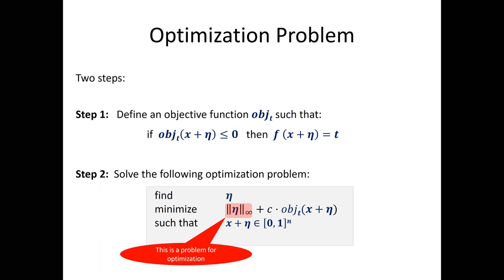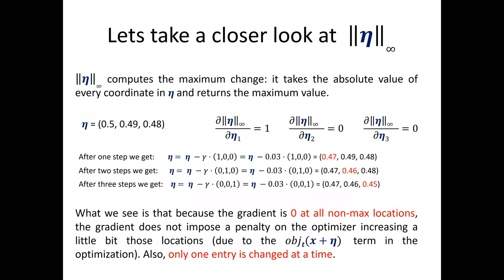So we dealt already with the hard constraint. Now we need to deal with this eta L infinity norm optimization. Let's take a closer look at the problem. This gets a bit more technical here. As I mentioned already, the L infinity norm of eta is going to compute the maximum change.